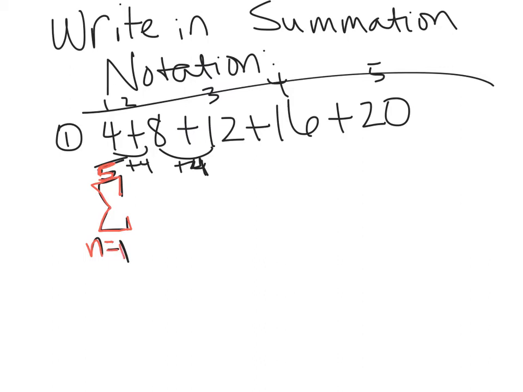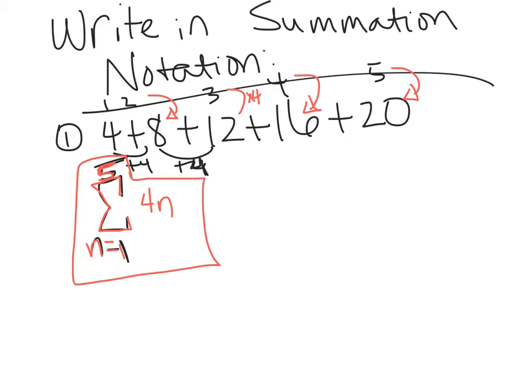So you might be able to see right off the bat that all we're doing is taking our n times 5 or times 4 to get the value. So that's our equation, and that's our series written in summation notation.